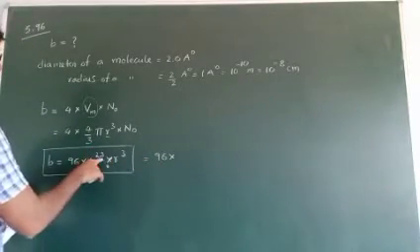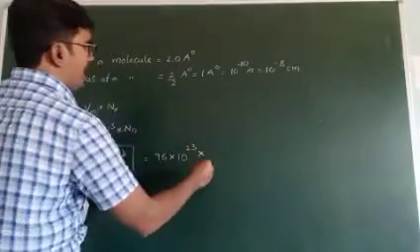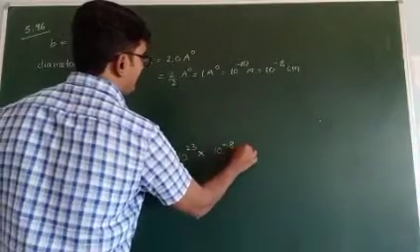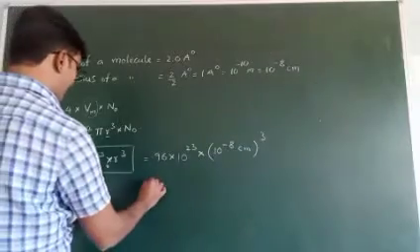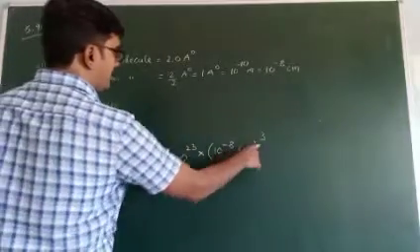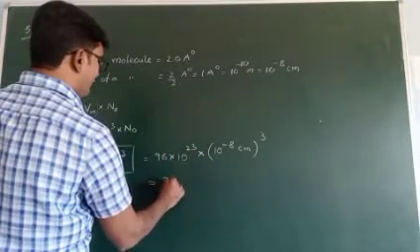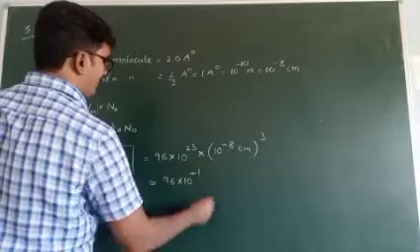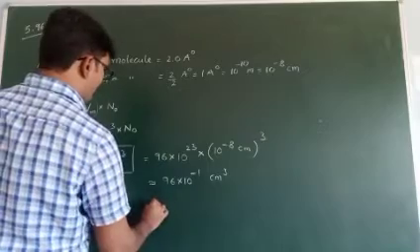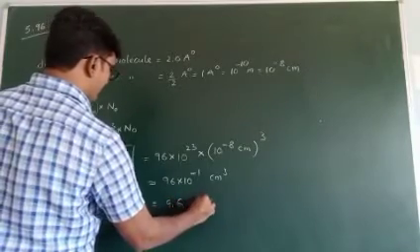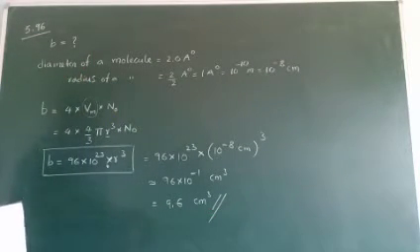I made a mistake, this is 23. 96 into 10 to the power of 23 into r cube. R cube means 10 to the power of -8 centimeter whole cube, which is 10 to the power of -24. Adding -24 plus 23, we get 96 into 10 to the power of -1 centimeter cube, that is approximately 9.6 centimeter cube. This is the B formula and the B calculation.